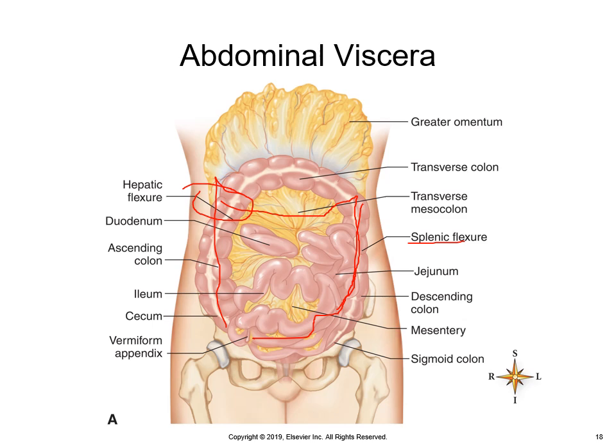So the flexures basically allow the colon to fit within the abdominal cavity in terms of structure, and it also helps aid in the movement of the waste. Also here in this particular image, we can see the loops of the small intestine.